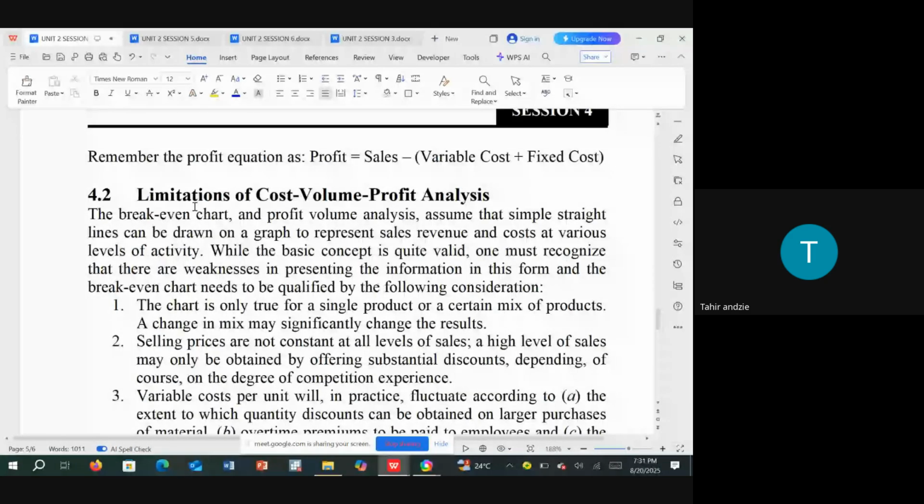So let us look at the limitations of cost volume profit analysis. If you look at the assumptions underlying the operation of the cost volume profit analysis, you could see clearly that those assumptions are not something we can really achieve in practical terms. To say that cost should always be divided into fixed and variable, knowing very well that sometimes costs are mixed.